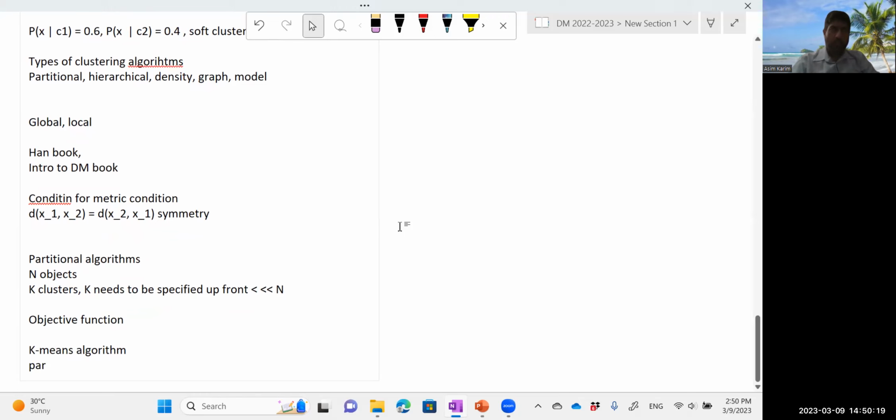Now I am writing its characteristics: it is partitional. Secondly, it is prototype based, it uses the notion of clusters as being described by prototypes, and in this particular case by the single point which is the mean of all the objects within the cluster. So it's partitional, it is prototype based, and it also uses an objective function.